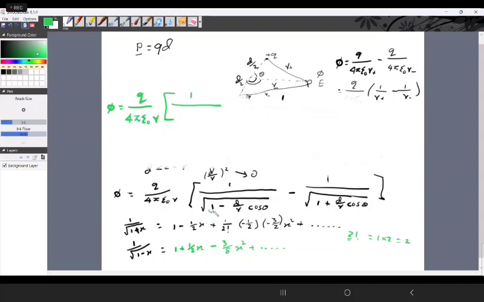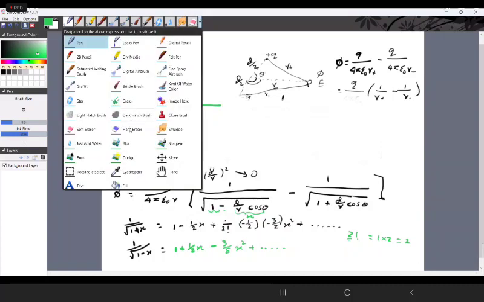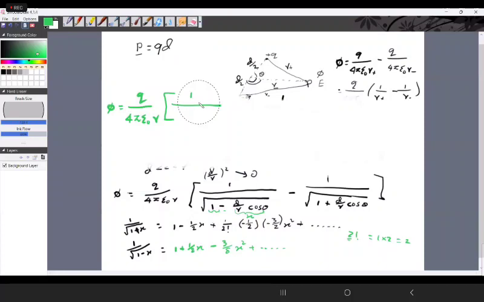I can consider this one as an x. So what is the series we can have if we have a root value here? 1 over, okay, we can directly apply here. So I just delete these. Give me some time. Okay.